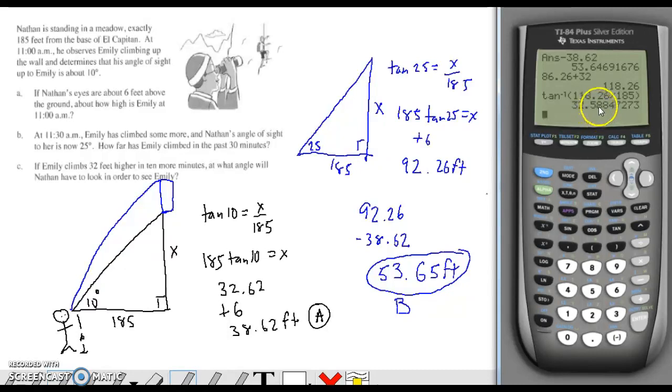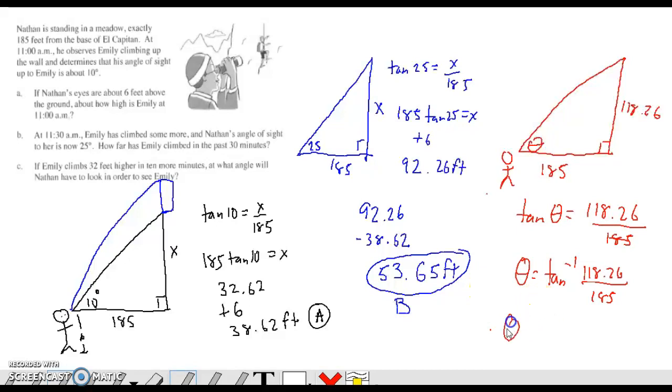Or we can round it to 32.6. Either one. We've been doing 2 decimals, so 32.59 would probably be the more appropriate answer. So theta is equal to 32.59 degrees, and that is for answer C.